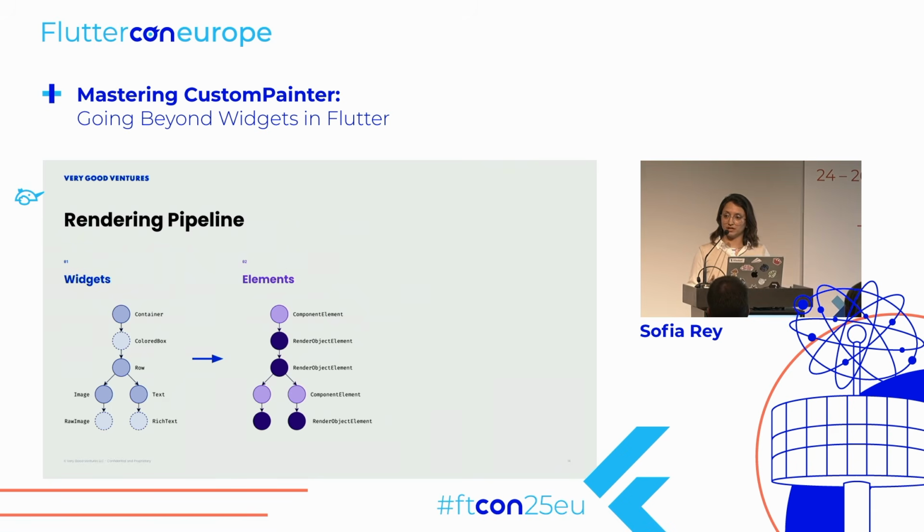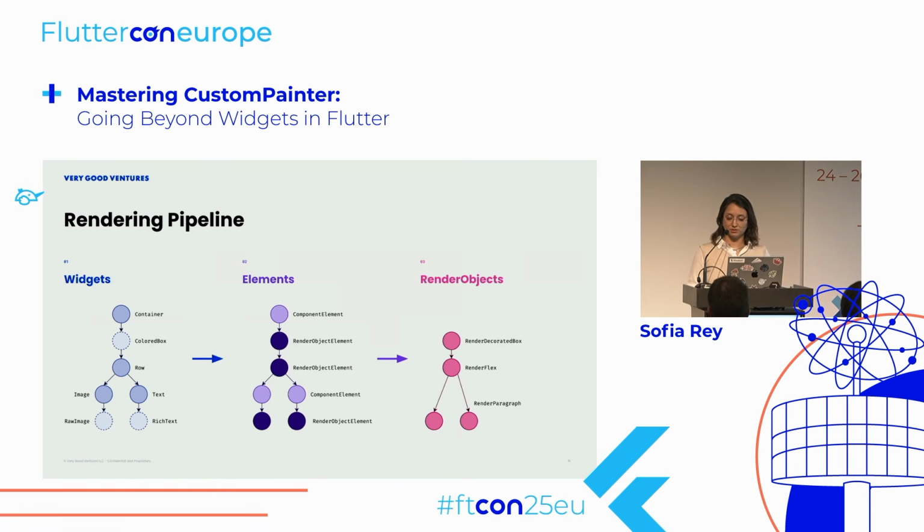And then we have the elements tree. We'll have an element for each widget we have. And elements are mutable classes, so they do update and they keep the reference of the widget. They keep the widget's lifecycle. And this is what makes it performant, right? And finally, these elements will later transform into render objects.